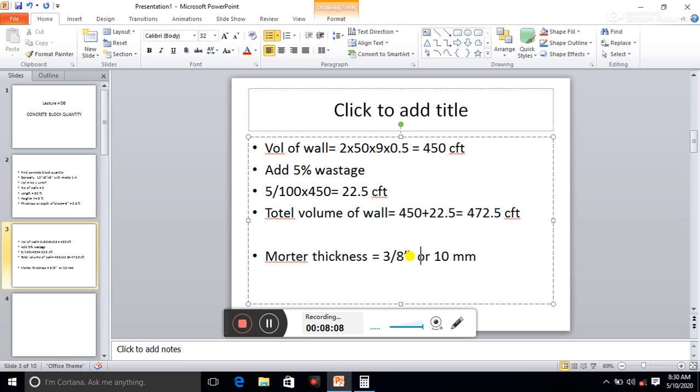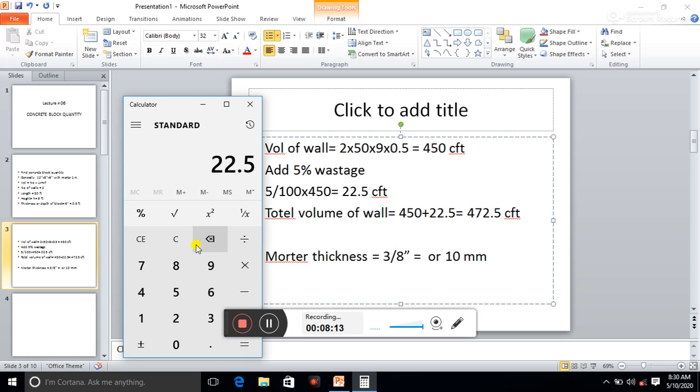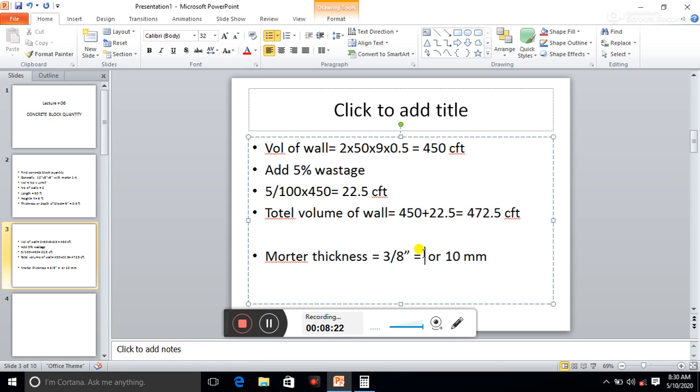So 3 divided by 8 will give 0.375 inches. This is the mortar thickness, and we will add this thickness to a single block.